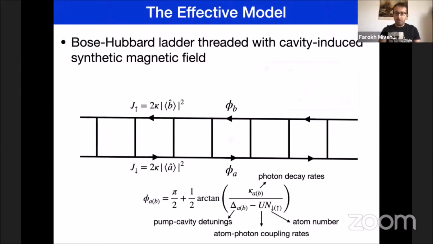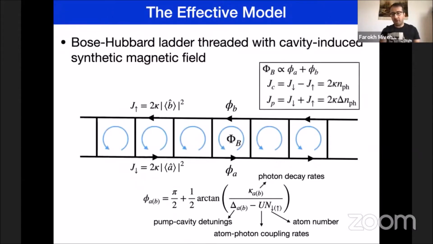When the atoms traverse one plaquette of this ladder, they feel this magnetic flux phi, which is proportional to phi A plus phi B, and the chiral and particle currents are related to the total photon number in the two modes and the photon number difference in the two modes.